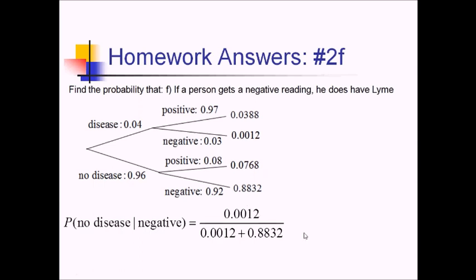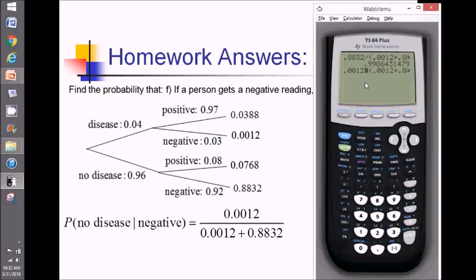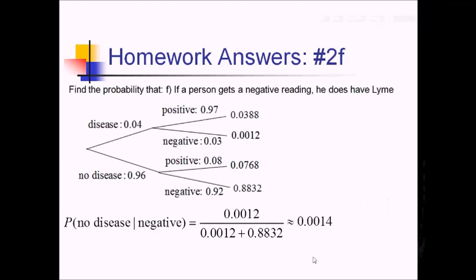So let's go to the calculator for this. So I actually just kind of cheated and grabbed my input from part E and replaced the 0.8832 with a 0.00112. Denominator is still the same, and now we get about 0.0014. So we have like less than a 1% chance actually that we have the disease if we get a negative reading.